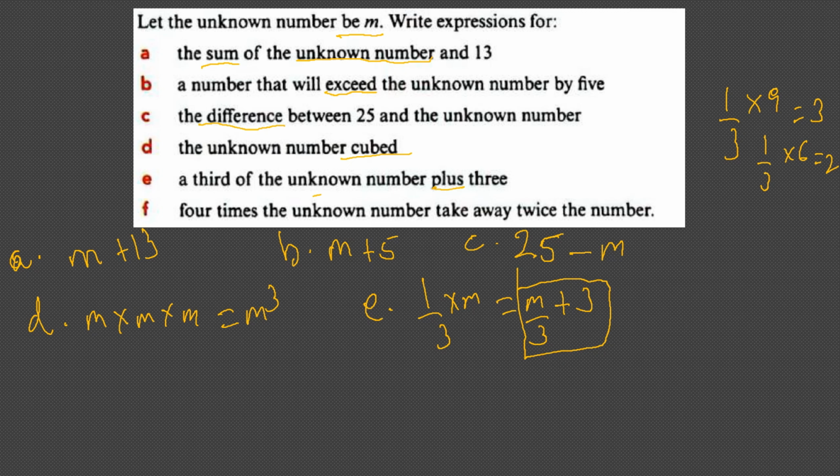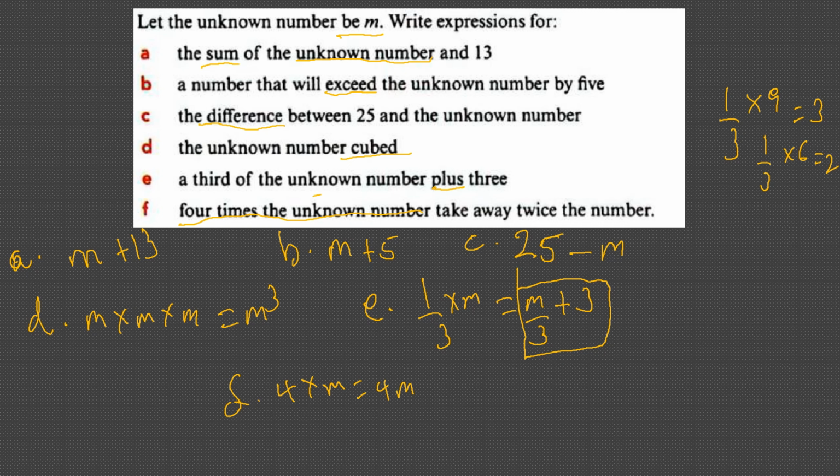And then the last question, F. 4 times the unknown number, take away twice the number. So 4 times the unknown number, take away twice the unknown number. We can first start with the statement 4 times the unknown number, so 4 times m, which is 4m.